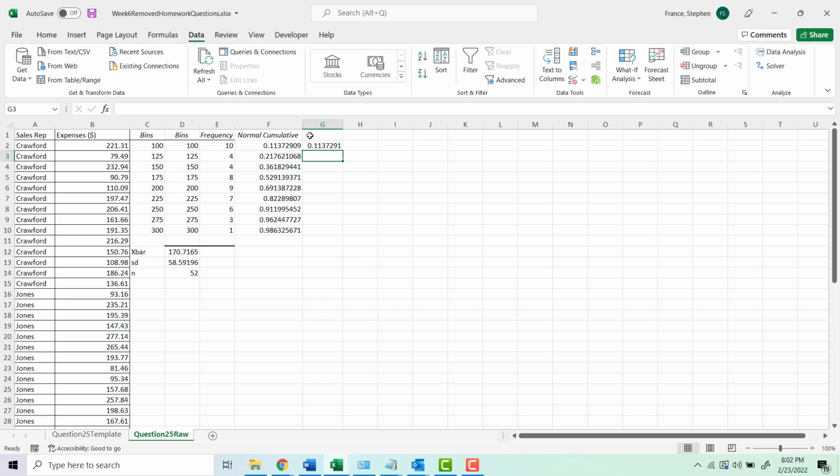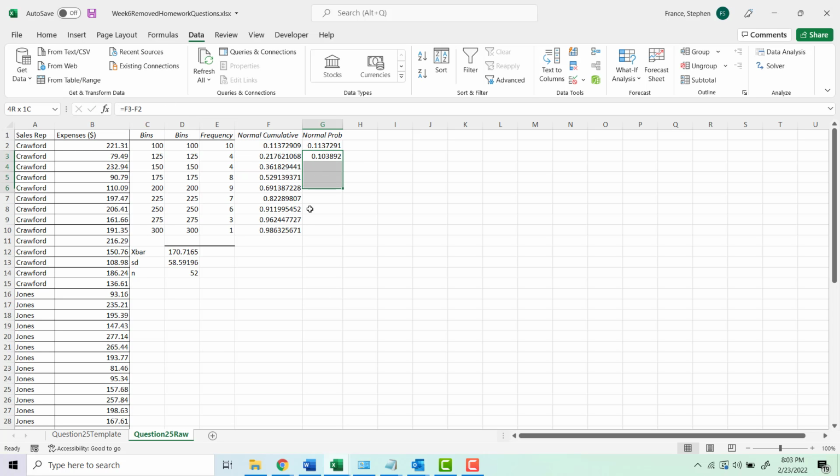So this is just the normal non-cumulative, so normal probability. The first one is just F2, but the second one is the probability minus the previous probability because it's cumulative. So it's going to be this one minus this one.